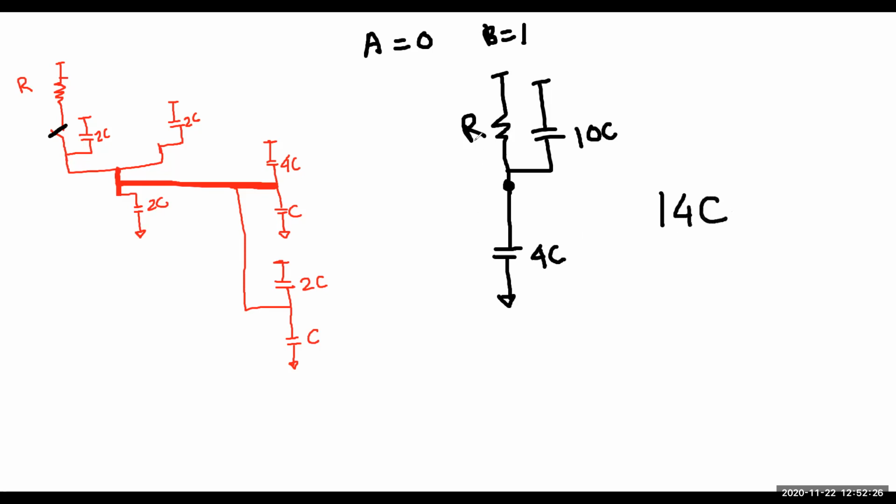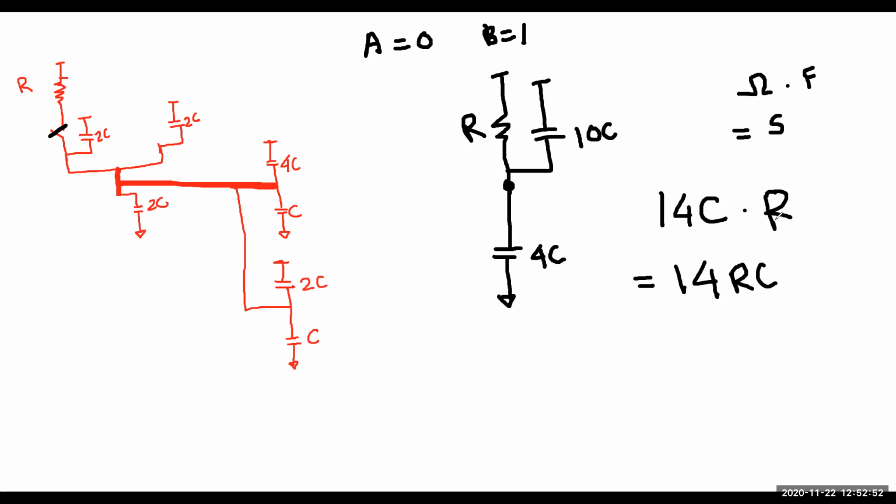If they are parallel, what is the combined capacitance? 14C. 14C. And you have one resistor. So resistor will be multiplied. So how much? 14 RC. Why is resistor multiplied? Because if you multiply ohm and farad, what are you getting? You are getting second.